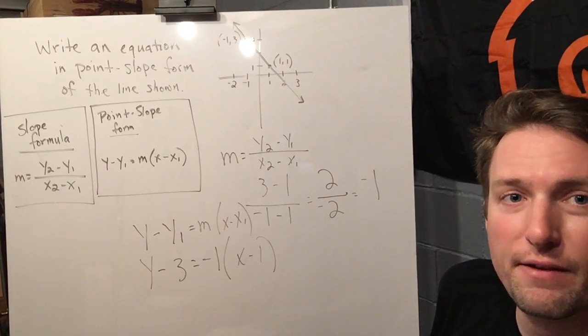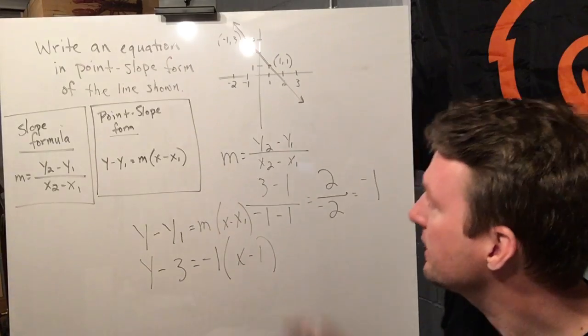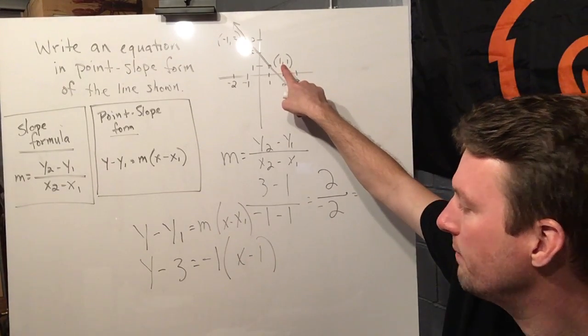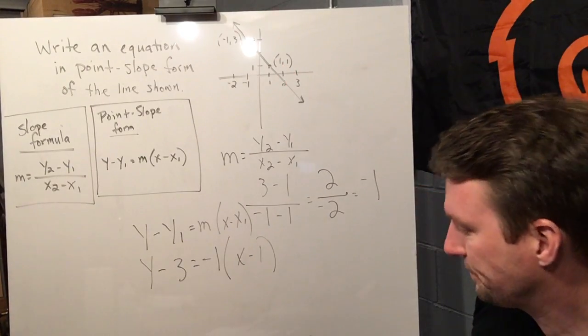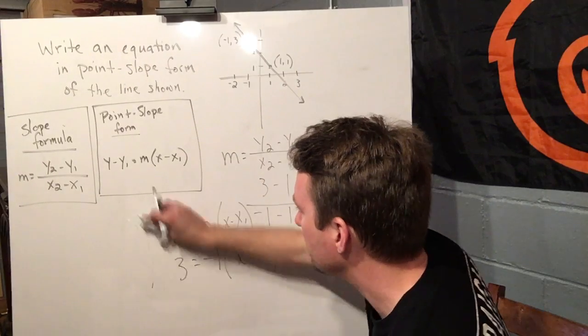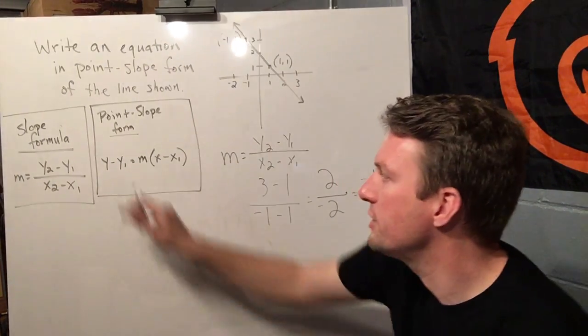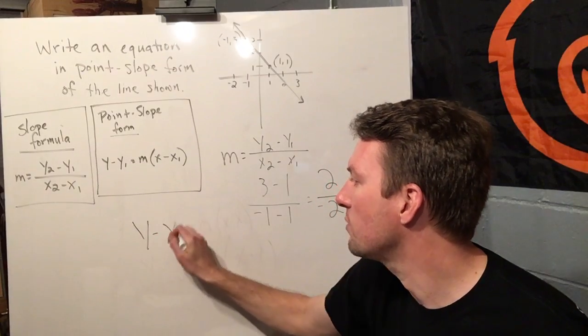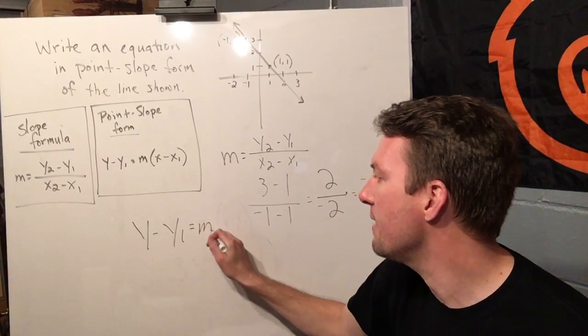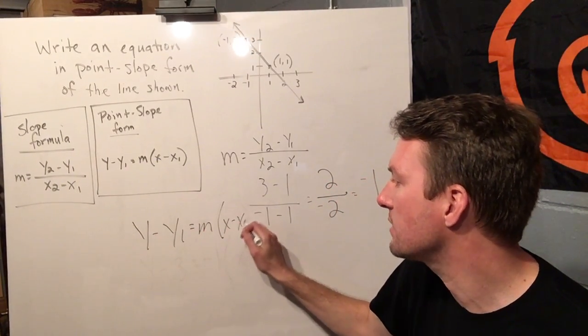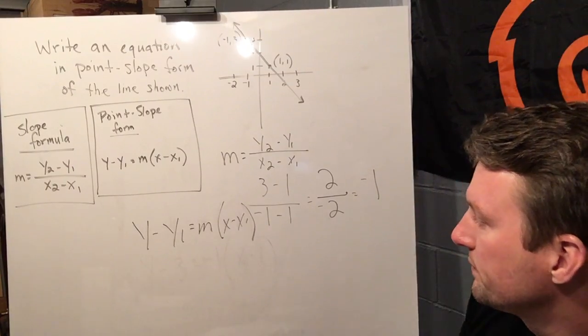Now, if you want to get really fancy, you could write it using the other point, 1, 1. Now, again, let me erase this. You use the same form, which is y minus y1 equals m times x minus x1. This is the formula. Okay?